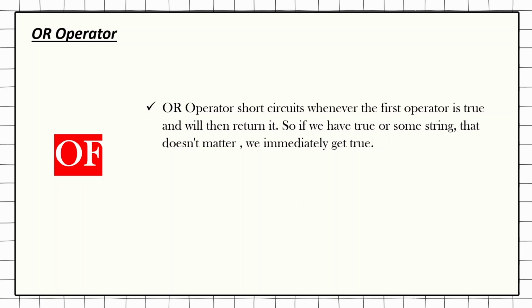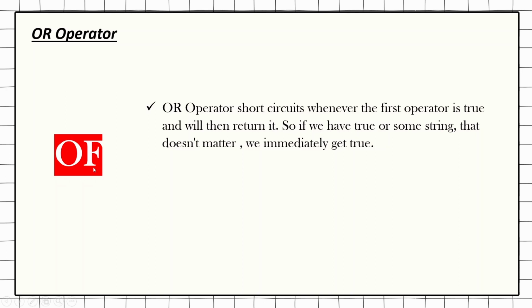By this, you will understand when short circuiting happens. In the OR operator, it happens when our first operand is a truthy value. But for the AND operator, short circuiting happens when our first operand is a falsy value. It will not evaluate the second part. For OR, when our first operand is truthy, short circuiting happens and it will not evaluate the second part.